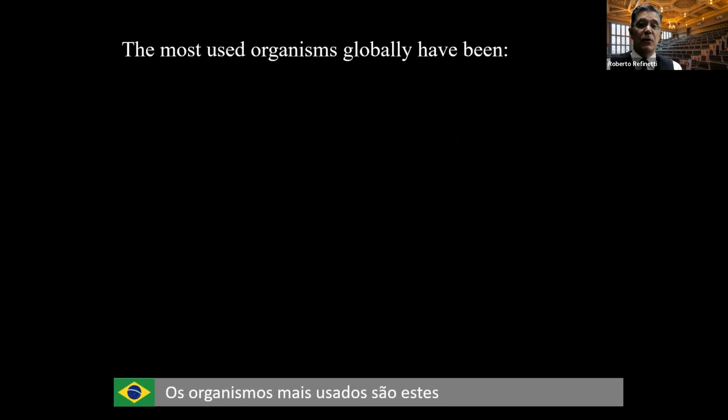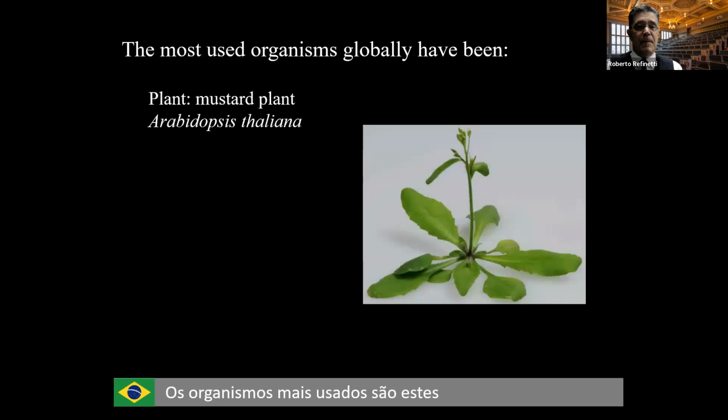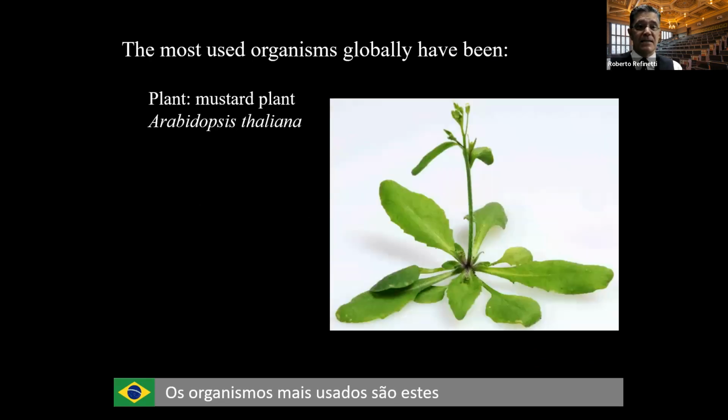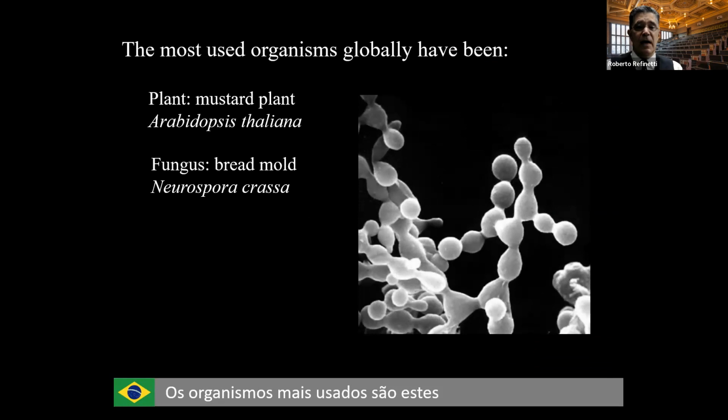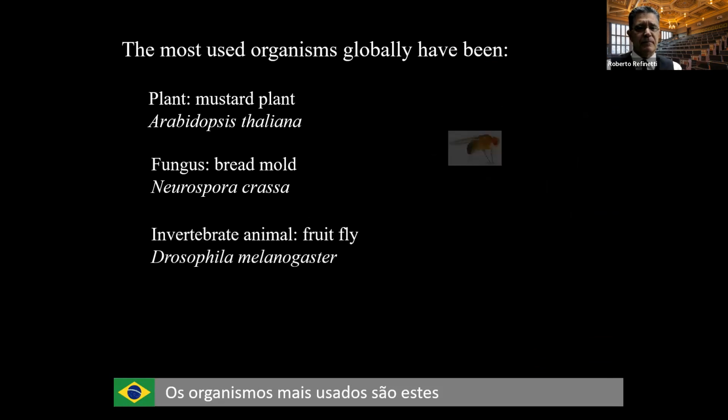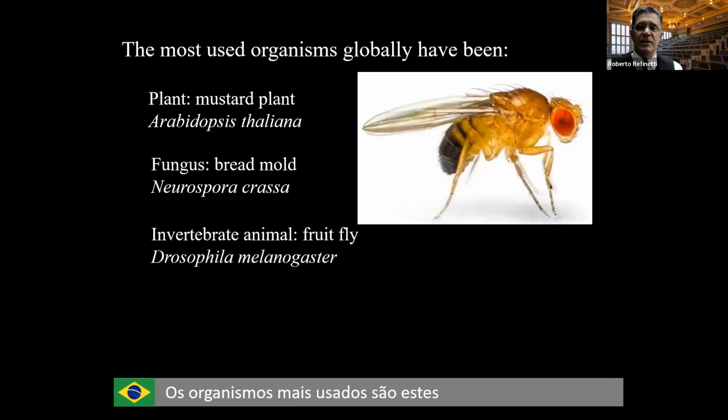Now, the most used organisms globally by other researchers have been, among the plants, the mustard plant, Arabidopsis thaliana. Among fungi, bread mold, Neurospora crassa. Among invertebrate animals, the fruit fly, Drosophila melanogaster.